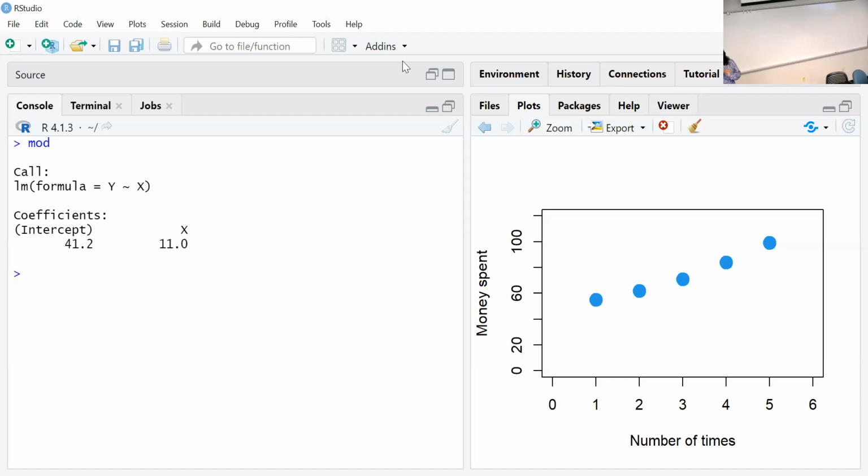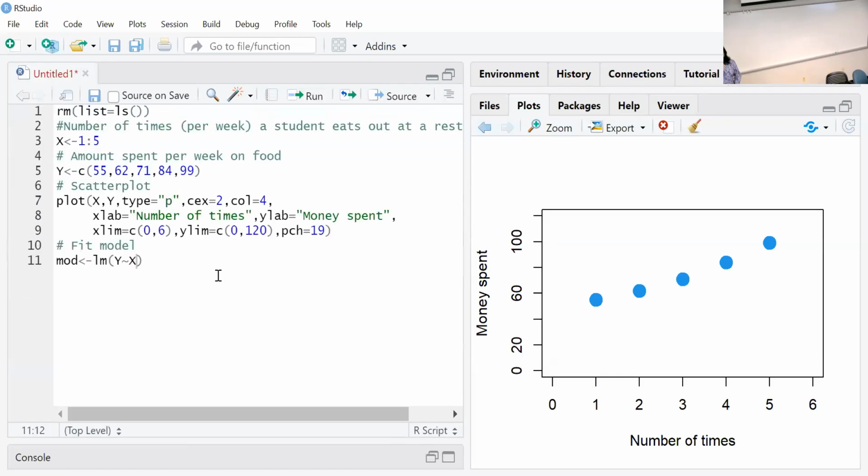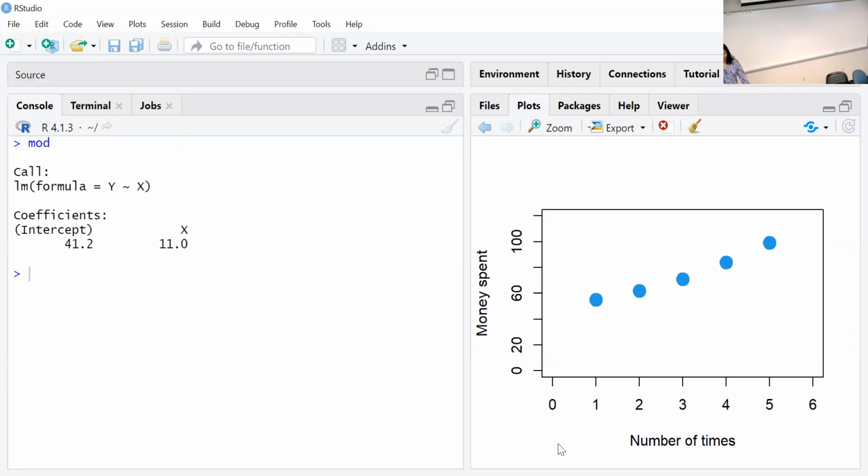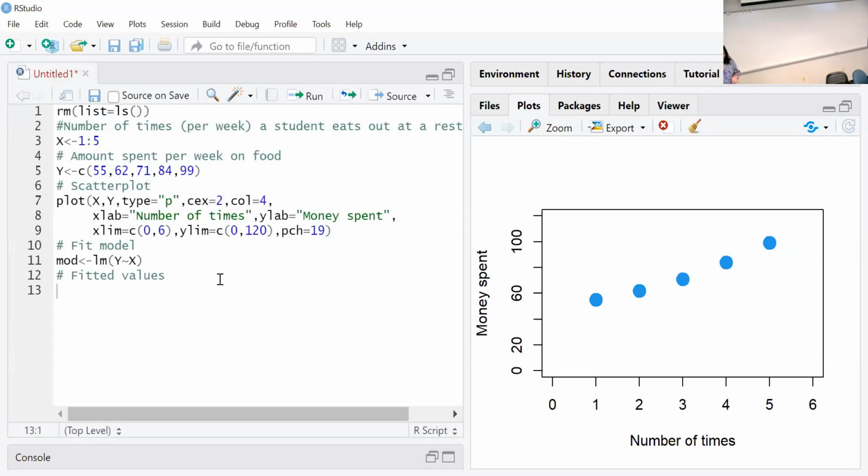How do we find the fitted value? I'm going to show this using the calculator as well. Before we get into that, what is a fitted value? The fitted values will follow the formula.